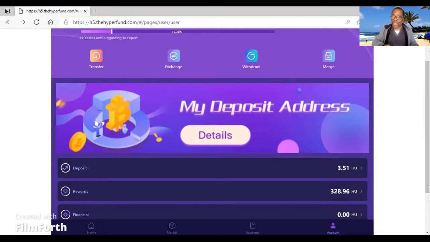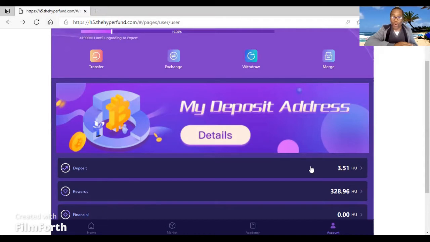So that is the way that they reward the members in form of this token. So first thing first, you will transfer your rewards to financial, and then from financial you will exchange it to MOF, and after exchanging it for MOF, then you withdraw to exchange.